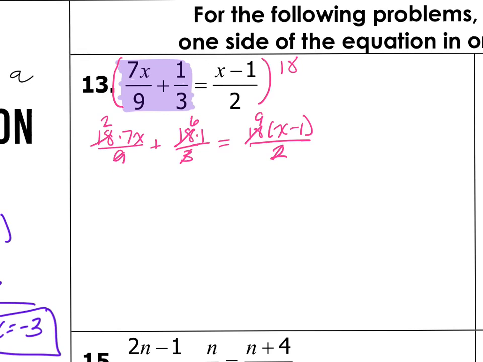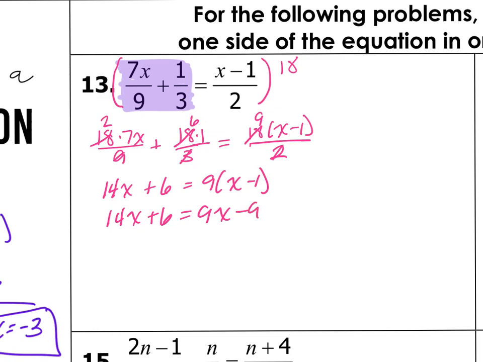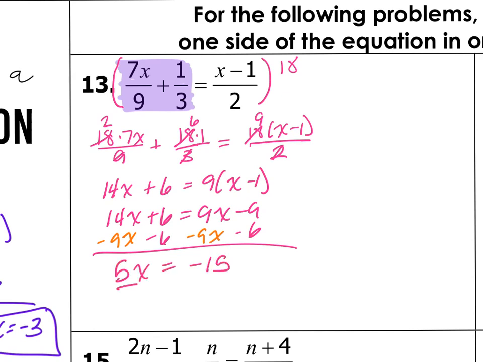So I get 2 times 7x is 14x plus 6 equals 9 times x minus 1. So 14x plus 6 equals 9x minus 9. Subtract 6, minus 9x. Now we're right back to where we were on the other side. So 5x equals negative 15, and x equals negative 3.